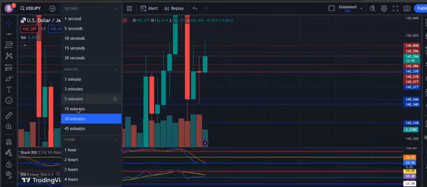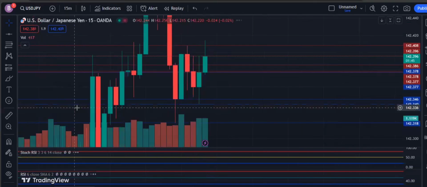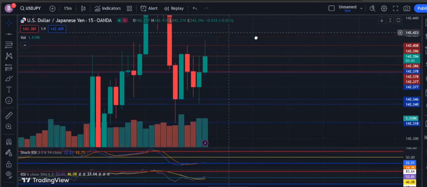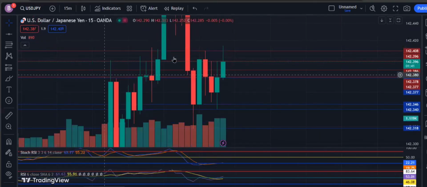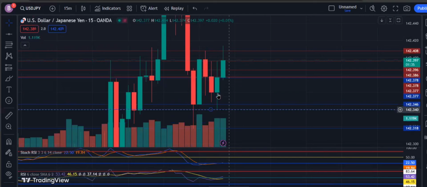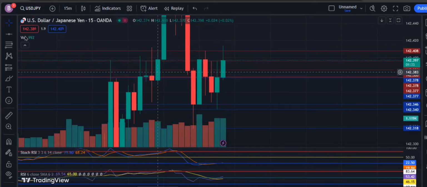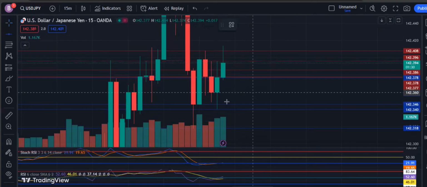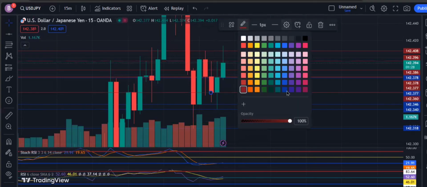We proceed to the 15-minute time frame. This is what is called charting top-down analysis. So now for the 15 minutes, you see that the support level has already been taken below. So we just proceed with the body. We map out the body and make it blue.